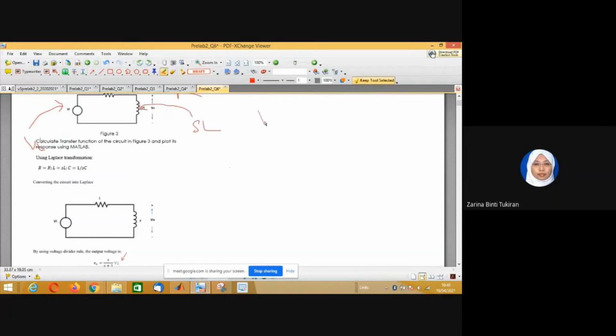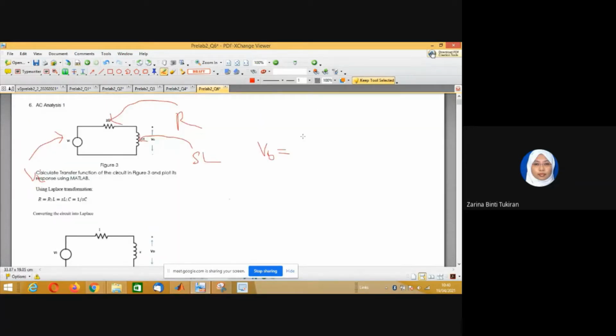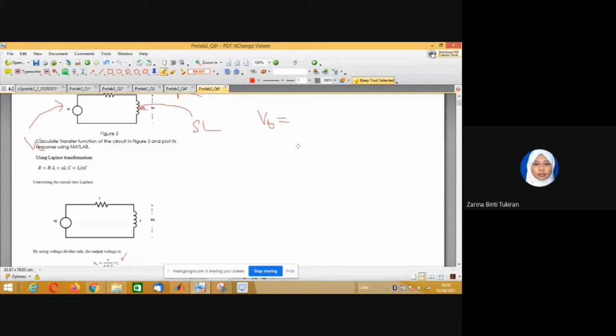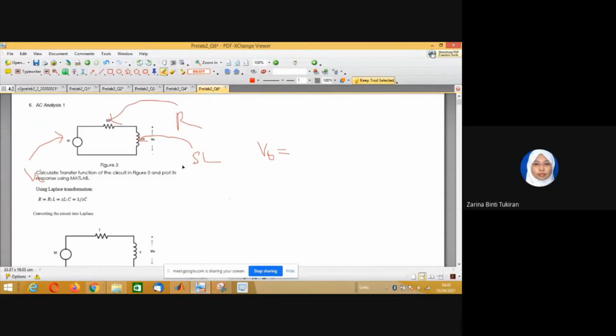So kalau kita ada formula macam tu, right? The voltage in SL is actually SL divided by R plus SL.